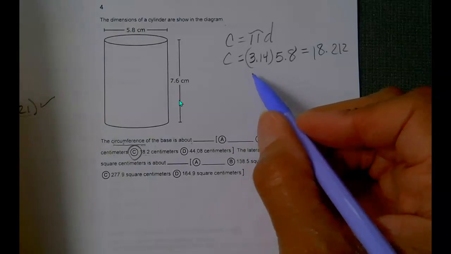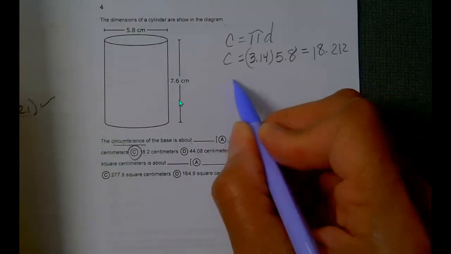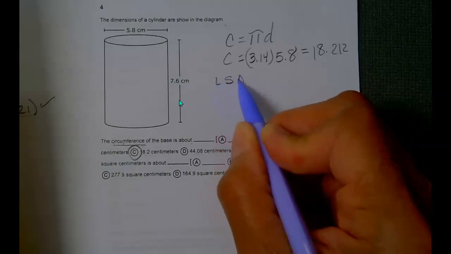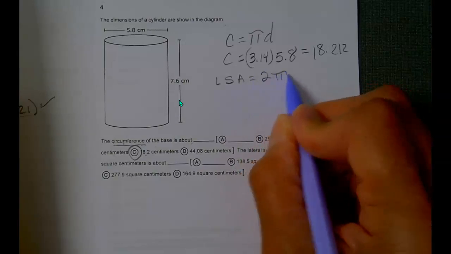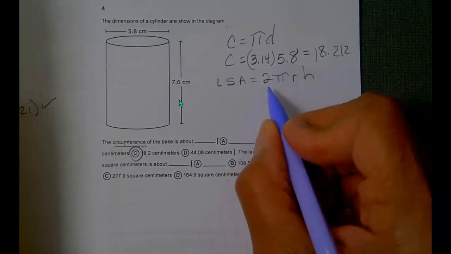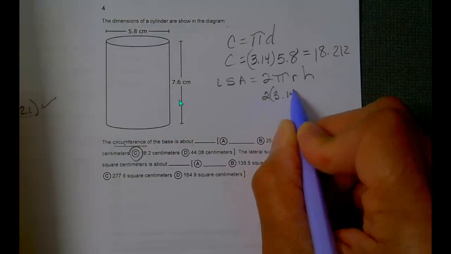Now we're going to find the lateral surface area, which is just 2 pi r h, because that's all they want. They don't want the added on. So we're going to plug in 2 times 3.14.